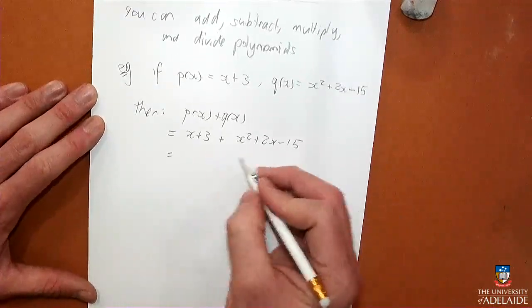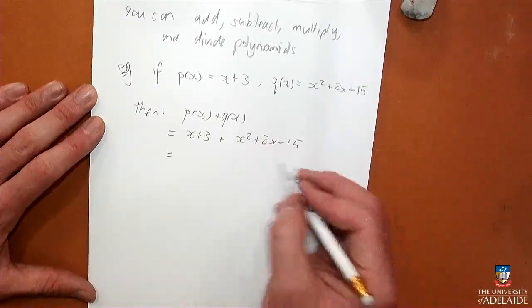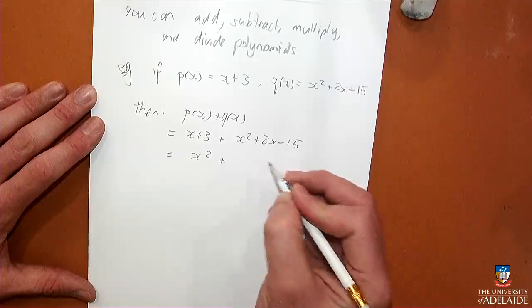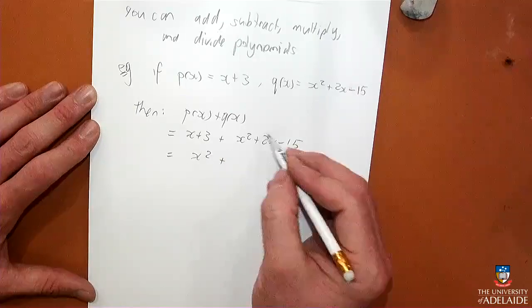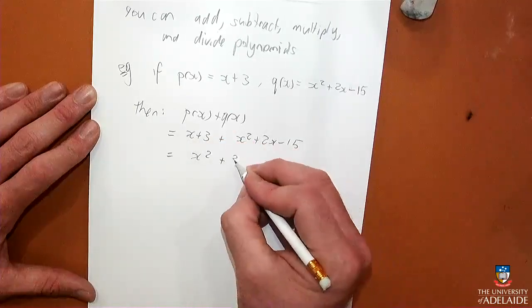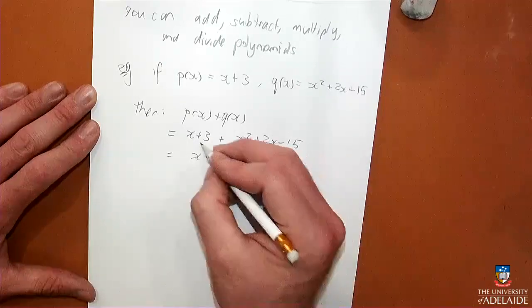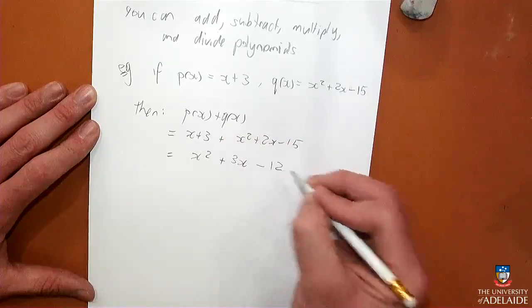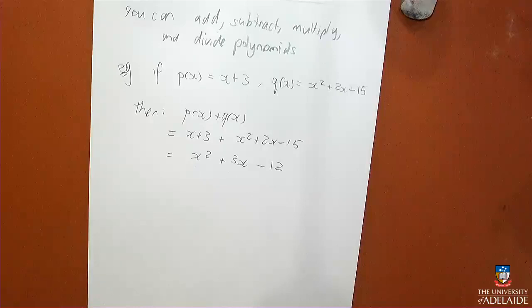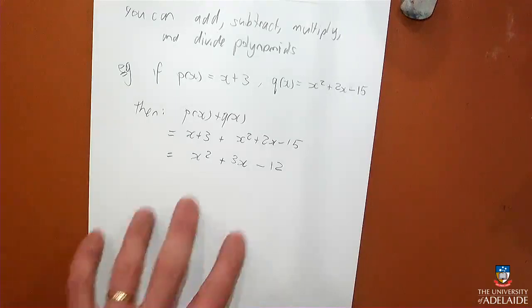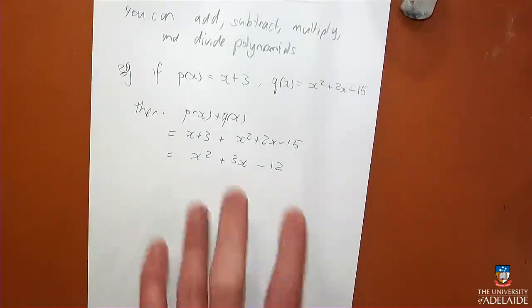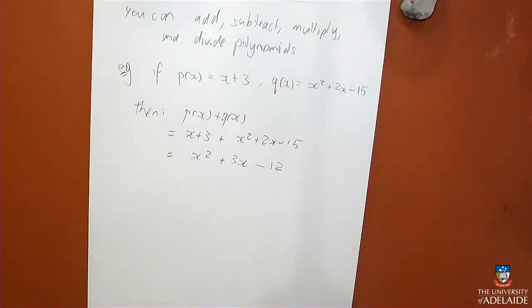When we add them, the x squared doesn't have any other x squareds to add to, so it's still there. The 2x can add to this x to give us 3x, and the minus 15 can add to the 3 to give me minus 12. Ta-da! It's not particularly edifying, but it's a thing you can do. And this itself is a new polynomial. So two polynomials, when you add them together, still give a polynomial.